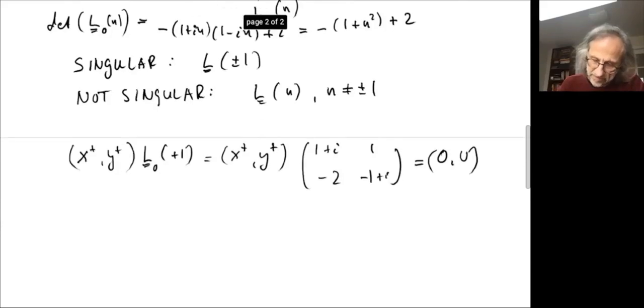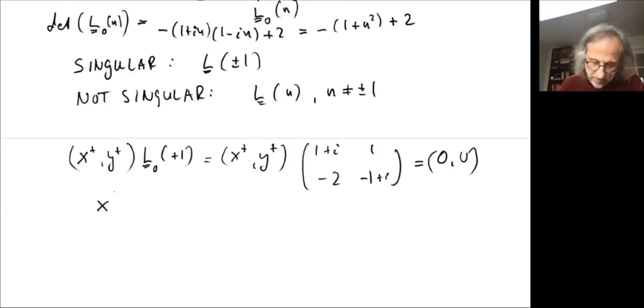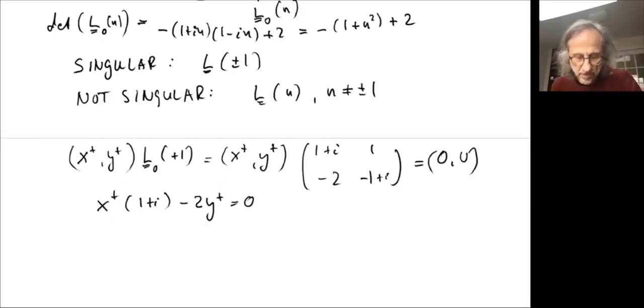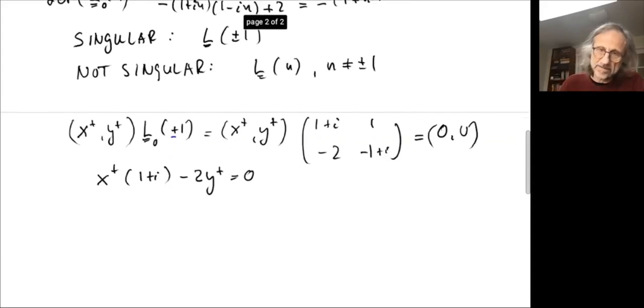This implies that we have x plus times 1 plus i minus 2 y plus is equal to 0. So that gives us y plus as a function of x plus. There's also the left zero eigenvector for when we have minus 1 here, which just changes the sign. So let me not write that out, but it's straightforward to get the other one.